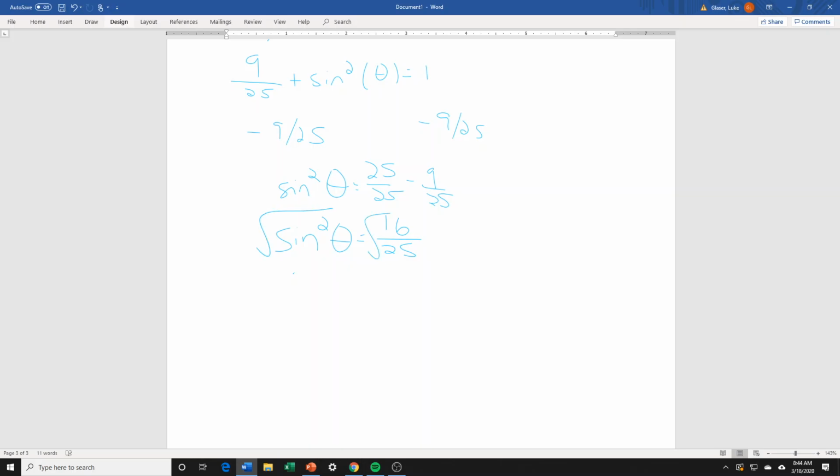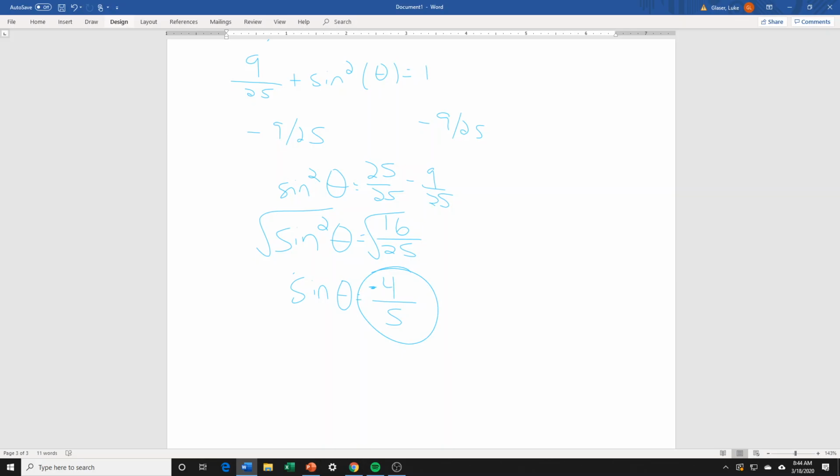Take the square root of both. I'm going to get sine of theta equals square root of 16 is 4. Square root of 25 is 5. So sine of theta is 4/5. And remember, we're in the fourth quadrant, so I have to make my answer negative. It won't always change, but you do want to check that.